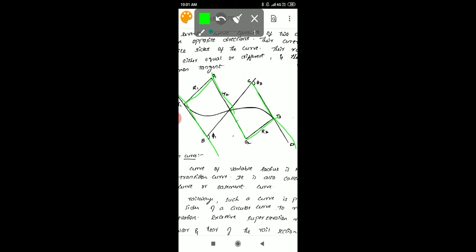In these cases, both curves are deflected in different directions, whether their radii are equal or unequal. That is nothing but the reverse curve.